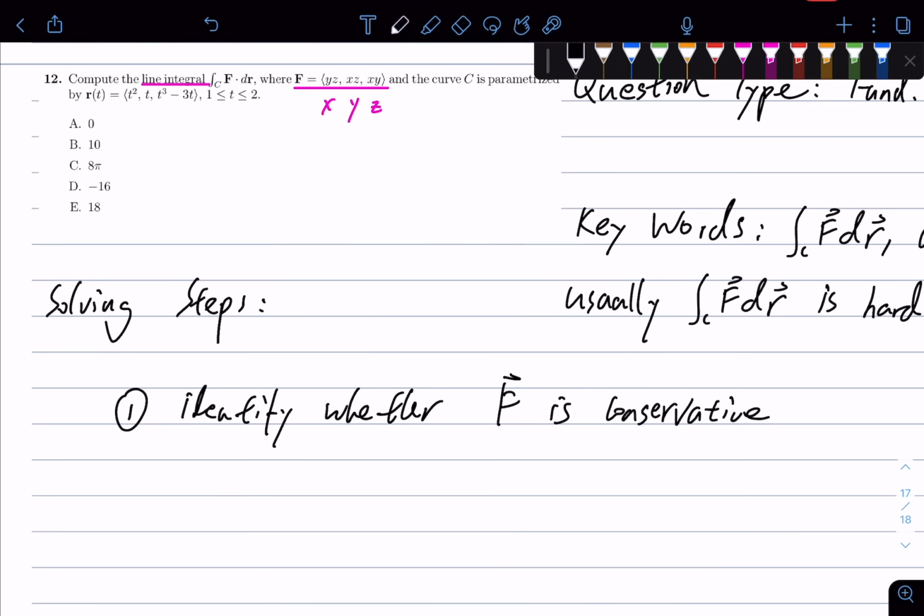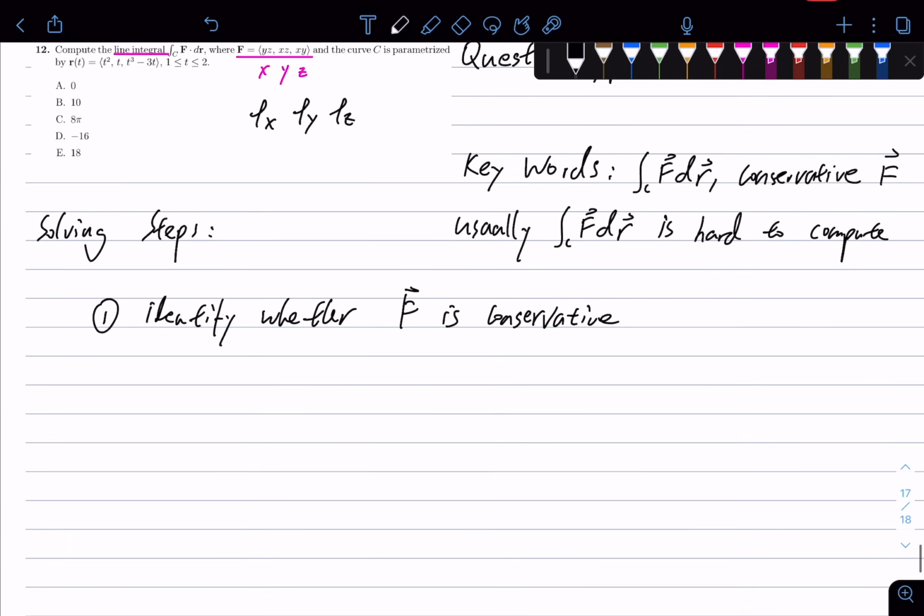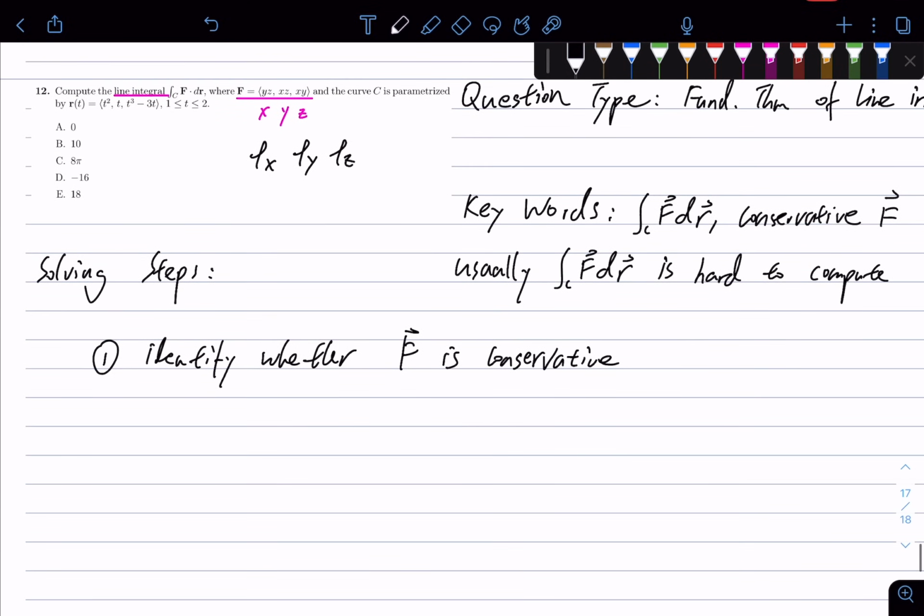Let's just go ahead and use phi. So f equals phi_x, phi_y, phi_z.